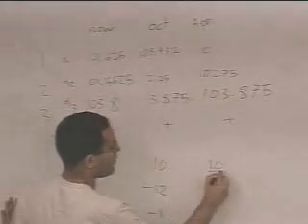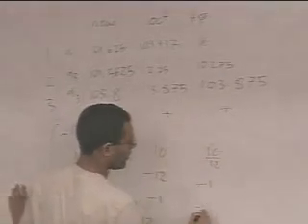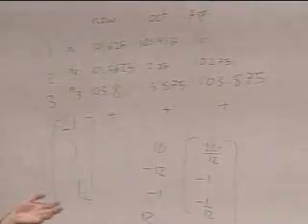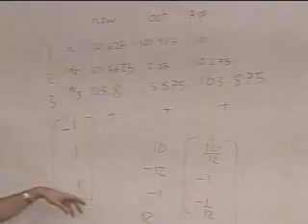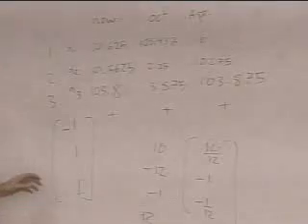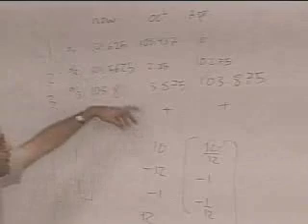Then it would be 10 over 12, minus 1, and minus 1 over 12. So this would also give you the same result. Just divide everything by 12. So you just bound your numbers from both sides by anything that you want. And then look for ratios between -1 and +1, or -2 and +2, whatever you like. And then try to find a combination that gives you positive everywhere.